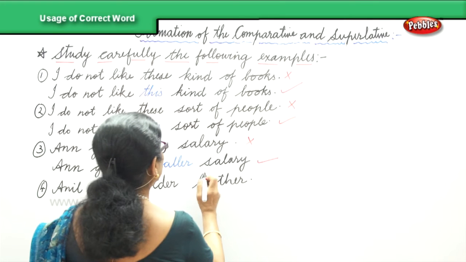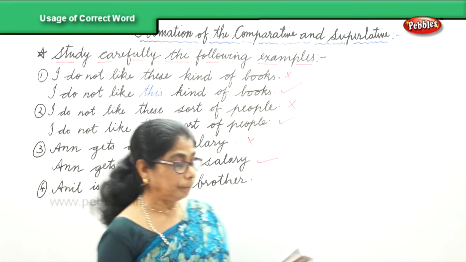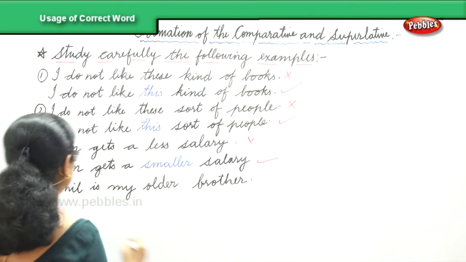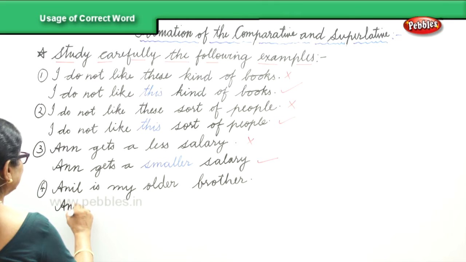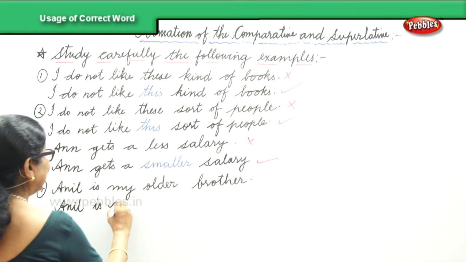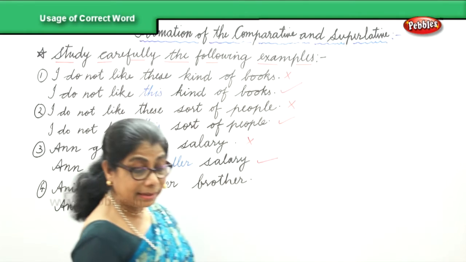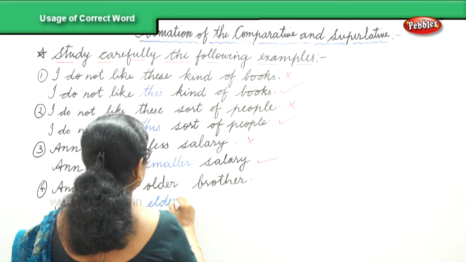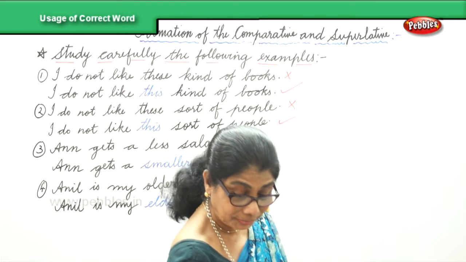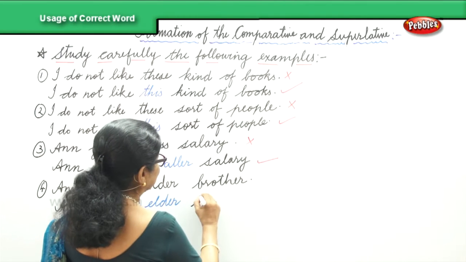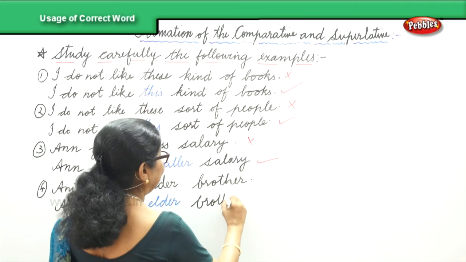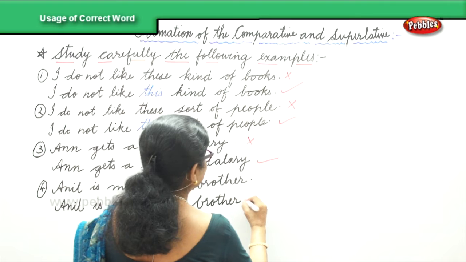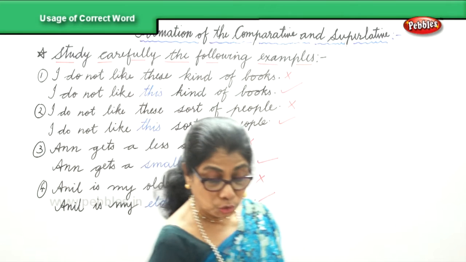But you should say Anil is my elder brother. You should not say older, elder. Okay? Anil is my elder brother. And therefore, the first sentence is incorrect. The second is correct.